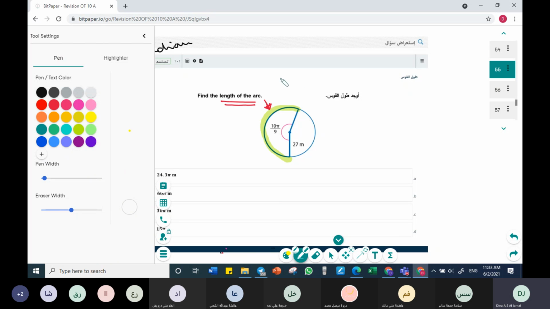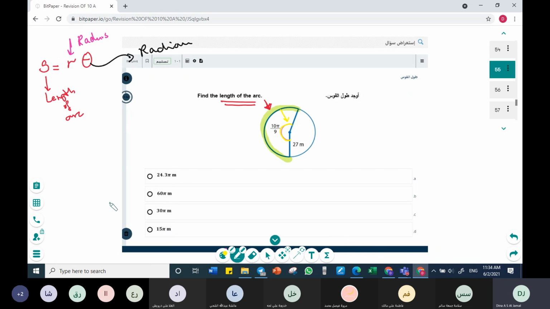So before solving, make sure that the angle is corresponding to this arc, because if it is the other arc, you need to subtract the angle. Okay, ladies? Again, pay attention. If he is asking you to find this arc, then you need to take 2 pi, which is 360, minus the given angle. This is only if this arc is required.